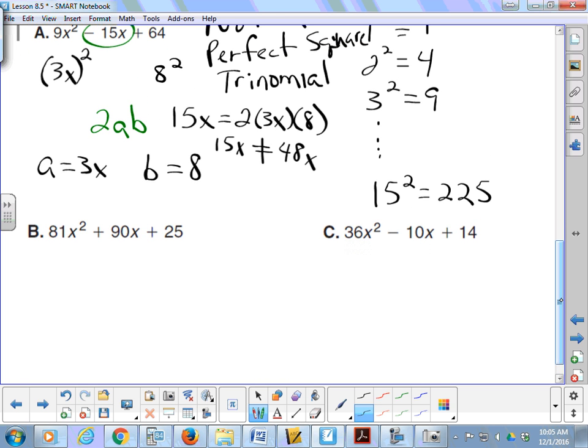All right, so look at B, 81x squared plus 90x plus 25. We're looking for a perfect square trinomial.